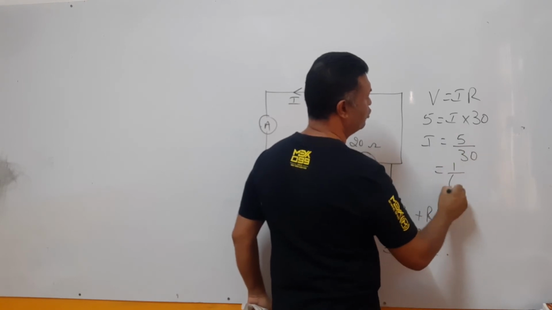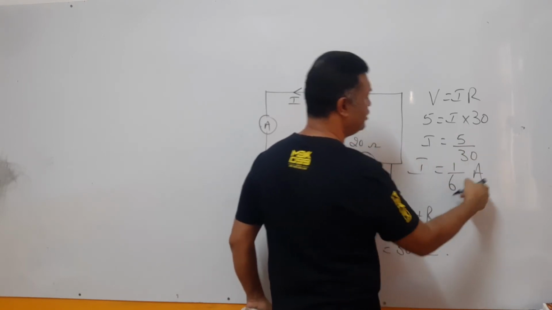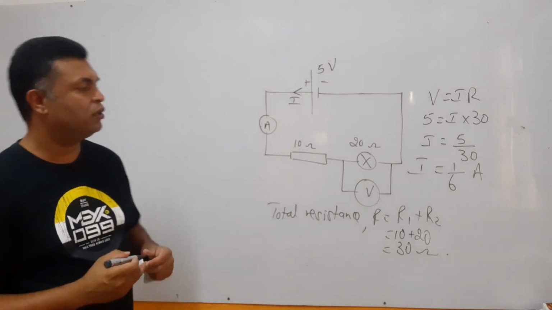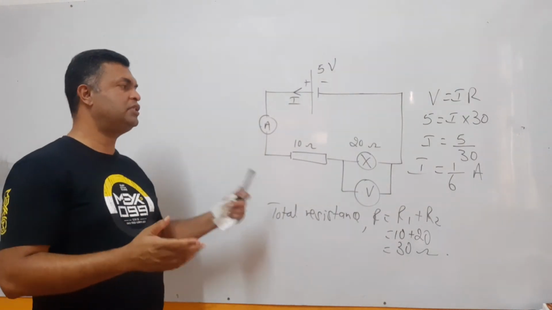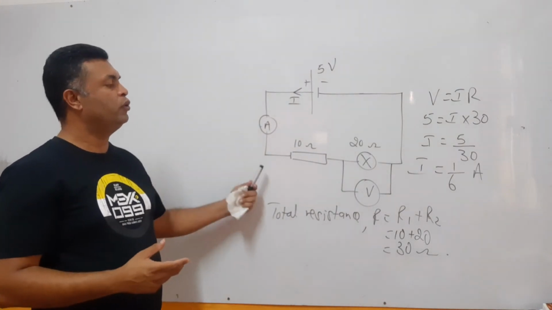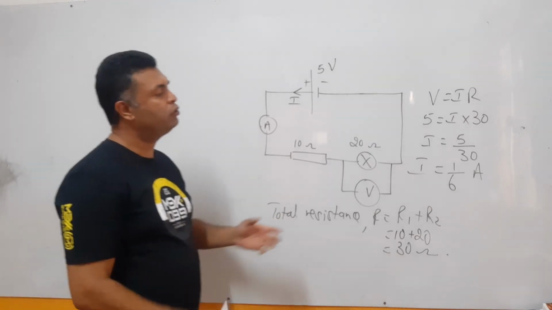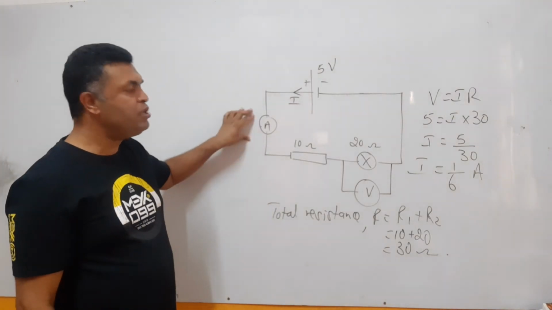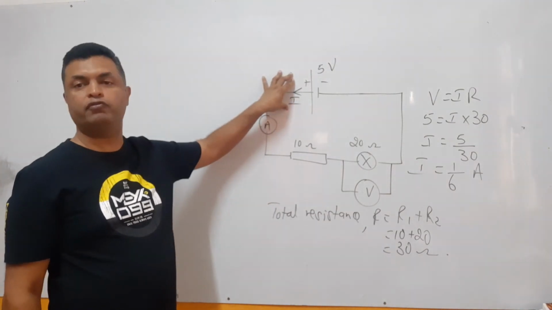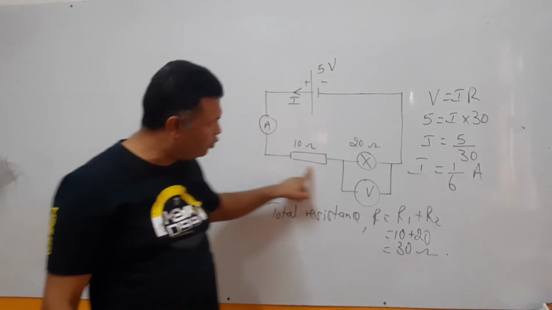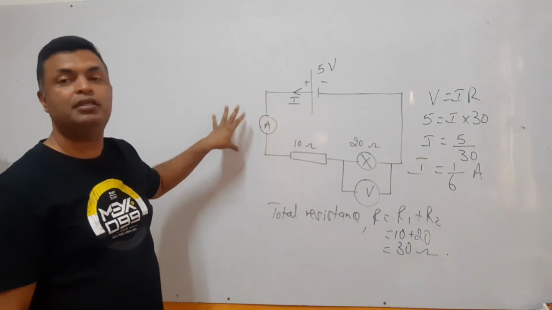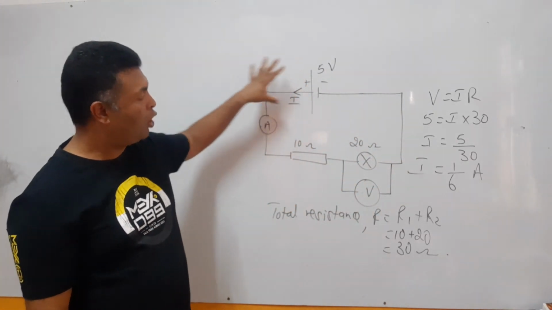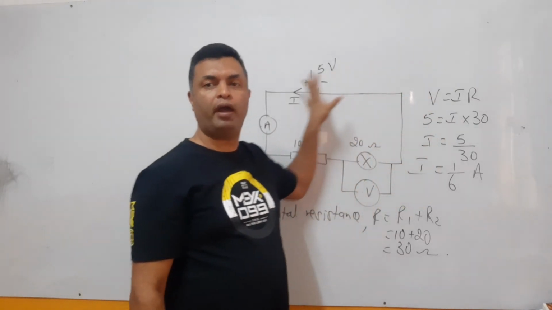This gives me 1 over 6 ampere. This is the unit of current, 1 over 6 ampere. So this is the current flowing in the circuit. You can calculate the decimal, it's okay. Now, this is the ammeter reading. This is the current flowing from the battery. And the same current will flow everywhere because it is a series circuit. Current will be the same everywhere.